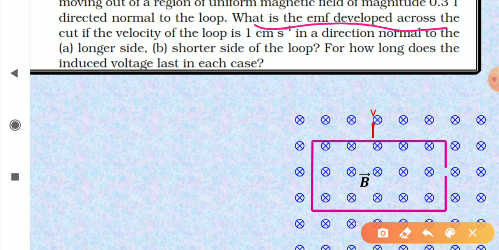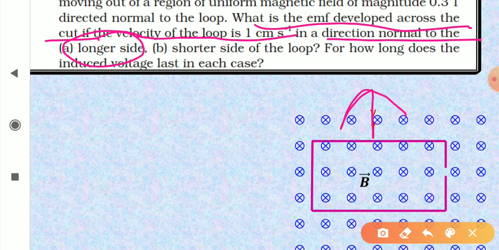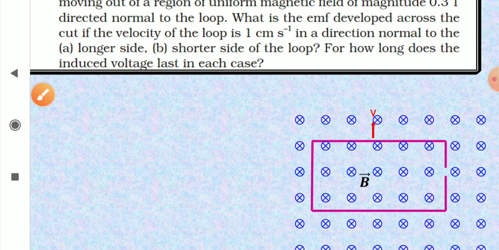What is the EMF developed across the cut if the velocity of the loop is 1 cm per second in a direction normal to the longer side? So this loop is dragged out from this magnetic field with velocity v, okay, and the longer side is being dragged out. So let us see what we get.